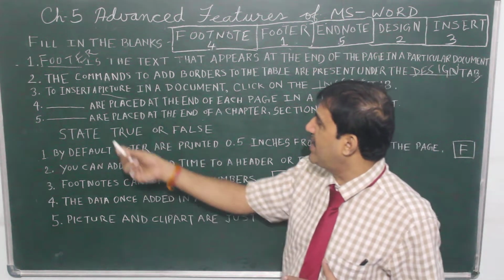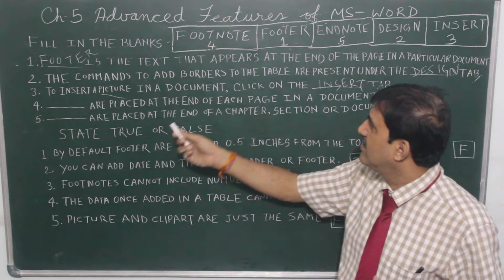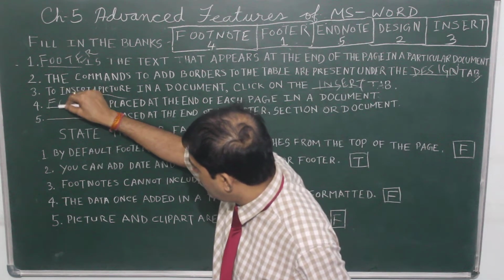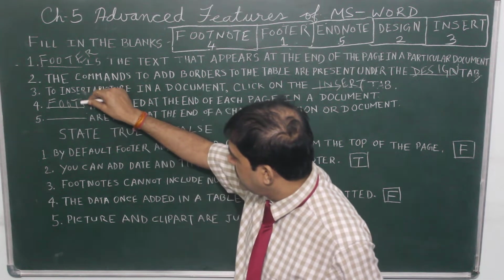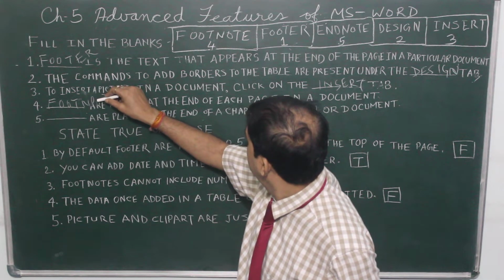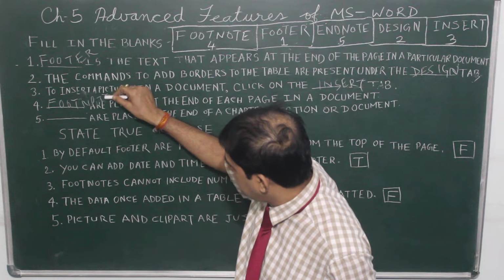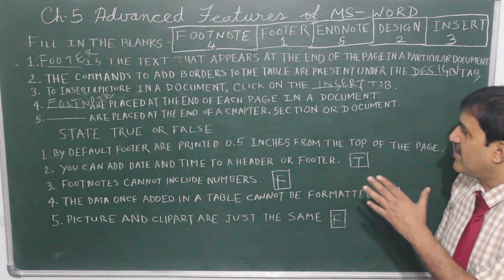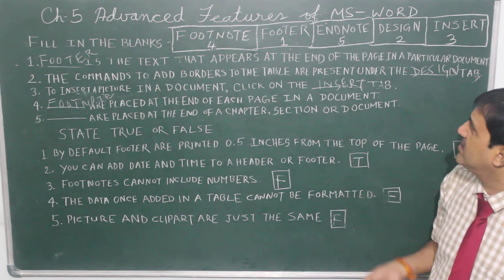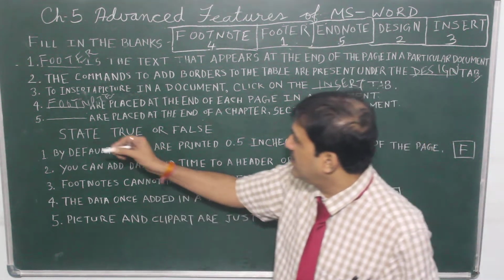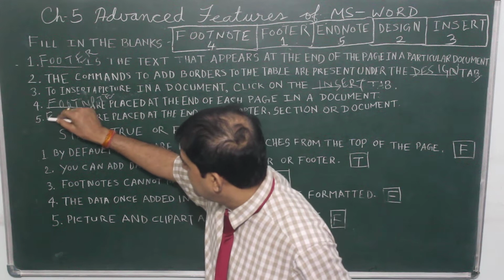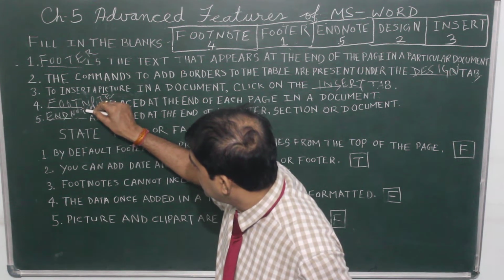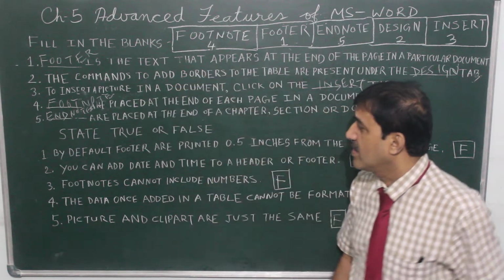So over here we write footnote, F-O-O-T-N-O-T-E. And dash are placed at the end of the chapter section, that I've already told, that should be the endnote, E-N-D, endnote, N-O-T-E. So you write that over there.